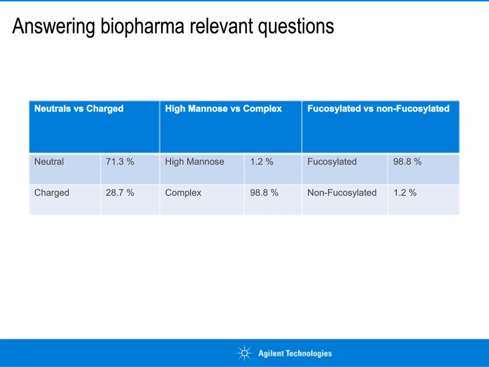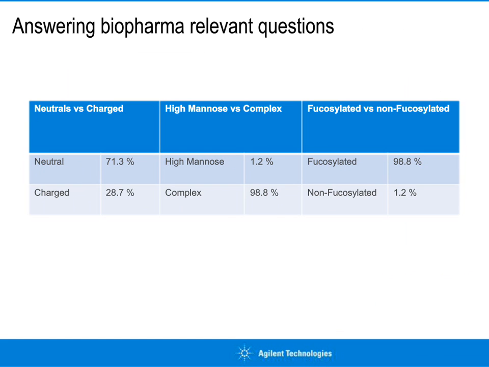In this rat monoclonal antibody, 71.3% of the glycans were neutral and 28.7% charged, having NeuGc as sialic acid attached. Only mannose 5 was detected as high mannose glycan and was also the only one found that was not fucosylated, so we see here 1.2% for high mannose and for non-fucosylated glycans.